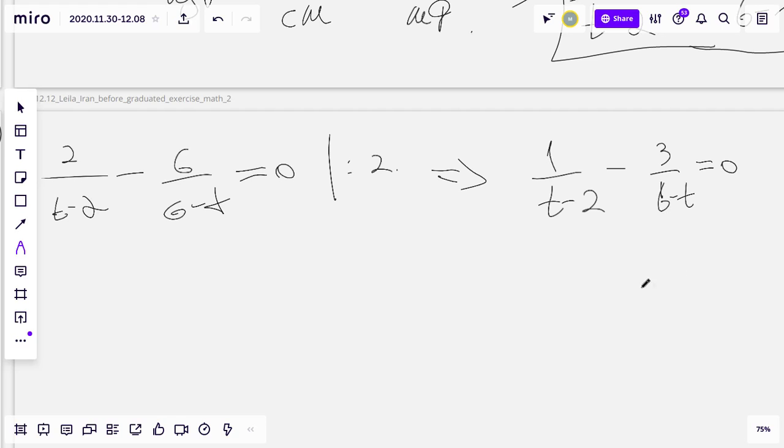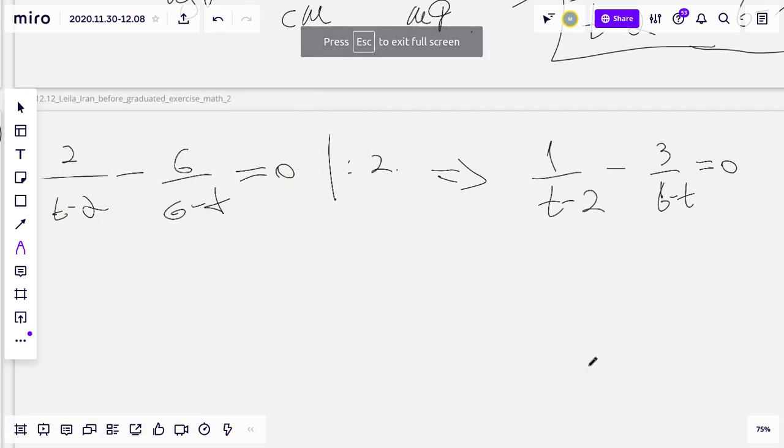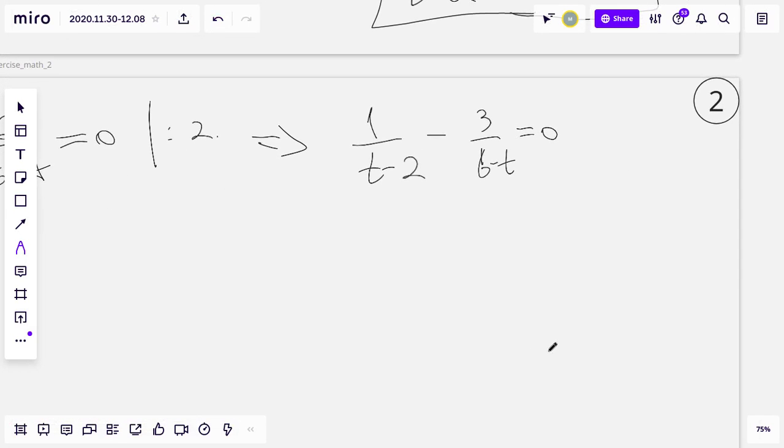Okay, now we must get a common denominator of this ratio.